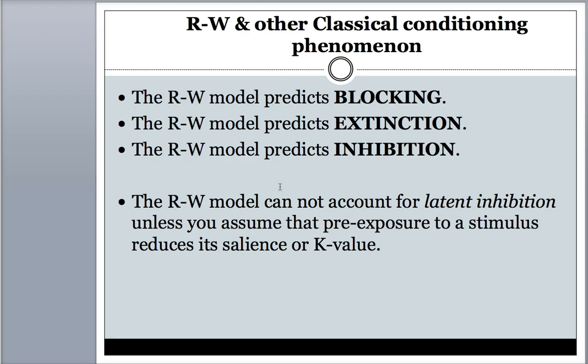When you go to use it in the Pavlov dog experiment, you ring the bell and present food. It actually takes that dog longer to learn about the bell than it does a dog that's never heard it before. And the argument is, although Rescorla-Wagner does not actually predict that this will happen, if you assume that pre-exposing that stimulus reduces its salience, or its K value, then the value of K gets smaller in the Rescorla-Wagner model.